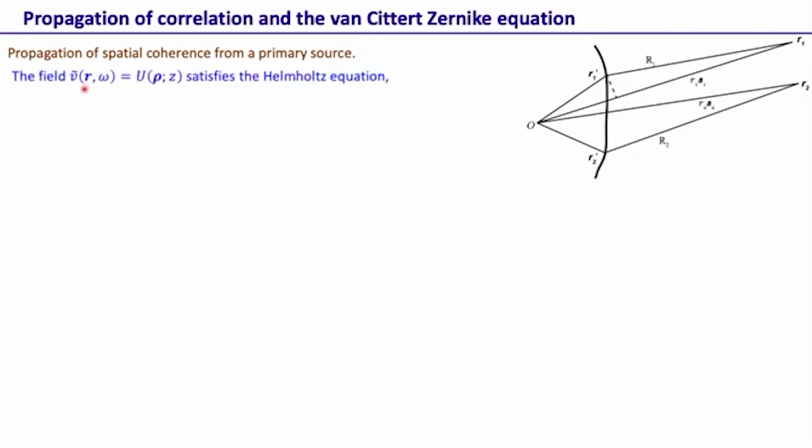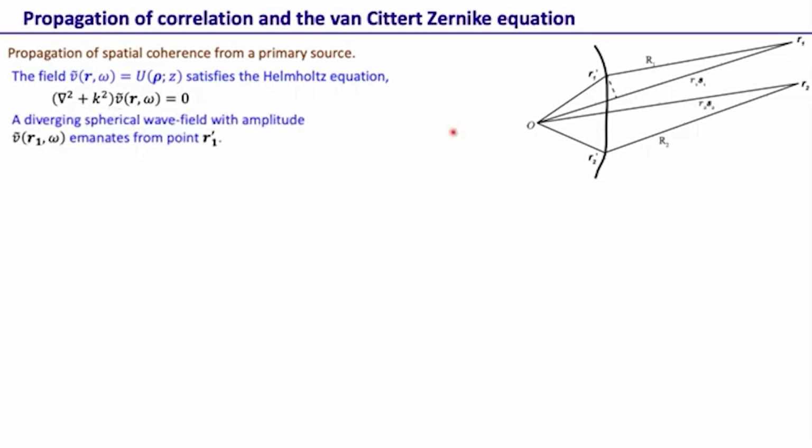First we recognize that this field, V(r, omega) or u(rho, z), which is the field at a specific frequency, satisfies the Helmholtz equation, that is del squared plus k squared of V(r, omega) equals zero. And for finding the field here, we consider each point on this primary source to be a point source, and the spherical waves actually come out of this point source and finally reach this detection point.